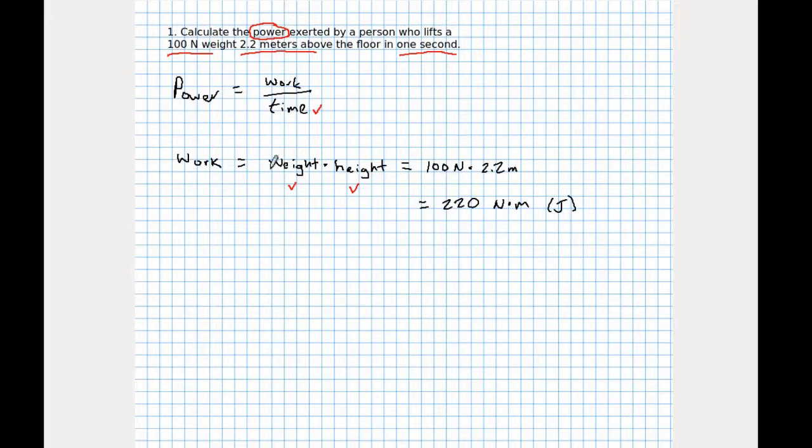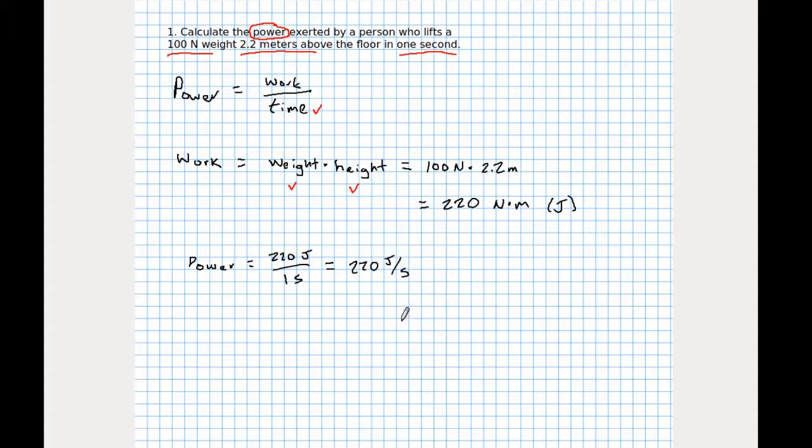So I know the work. I know the time is 1 second, so the power is going to be the amount of work divided by that time. That's 220 joules expended in 1 second. Well, dividing by 1 doesn't really do very much, but you can see that the result is 220 joules per second.